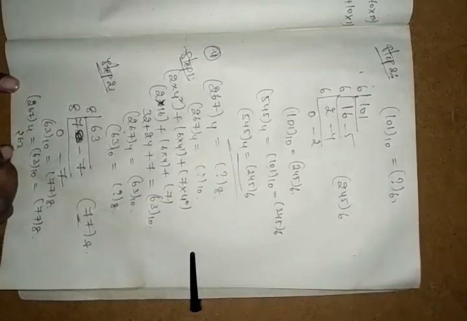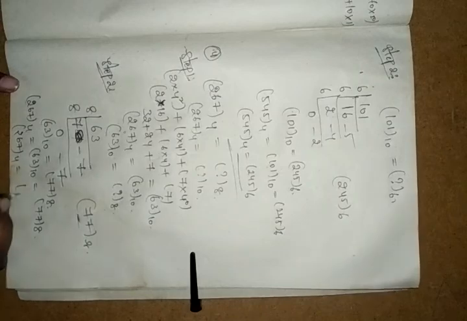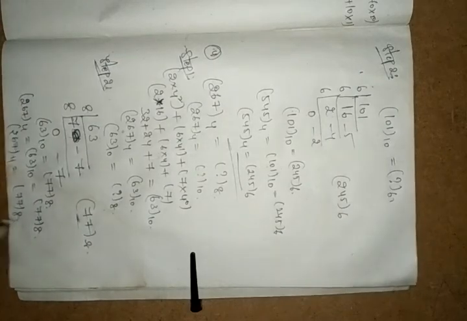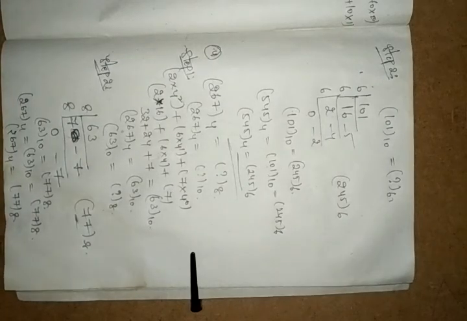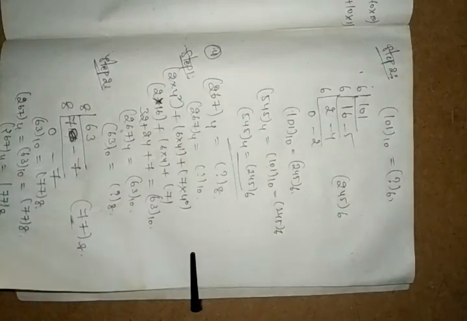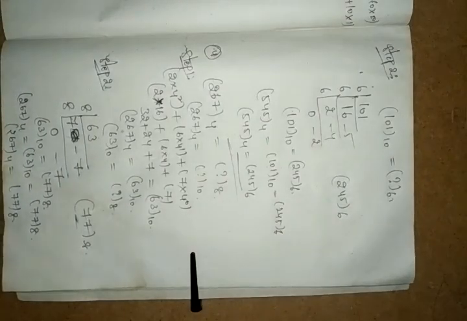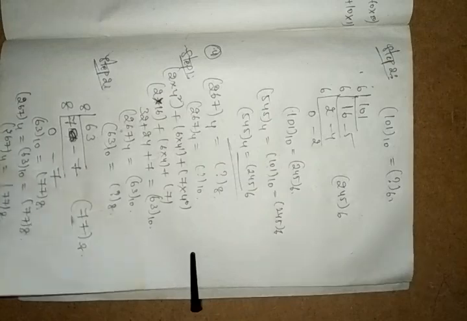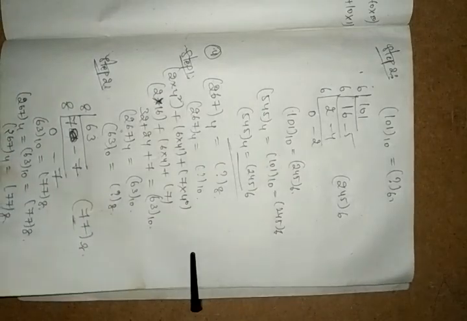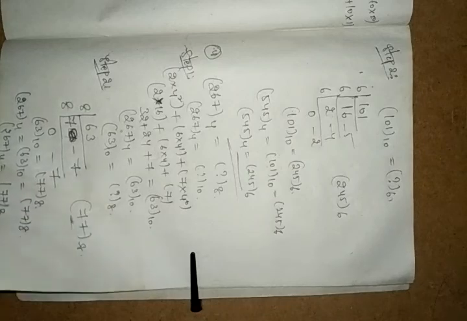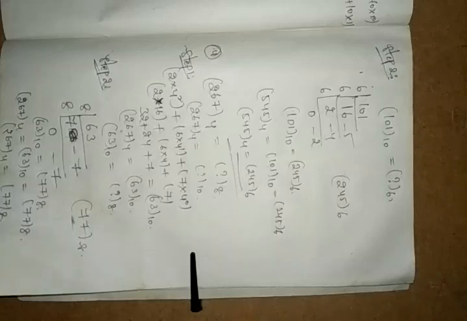So 63 base 10 equals 77 base 8. Anything you choose can be converted easily by our process, whatever it may be.